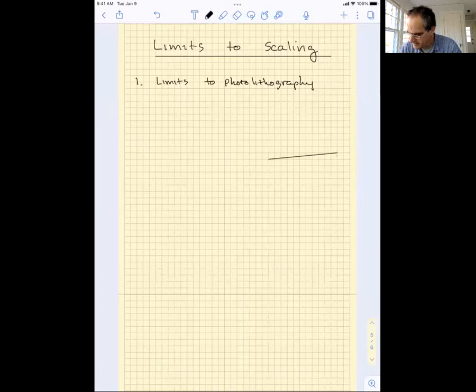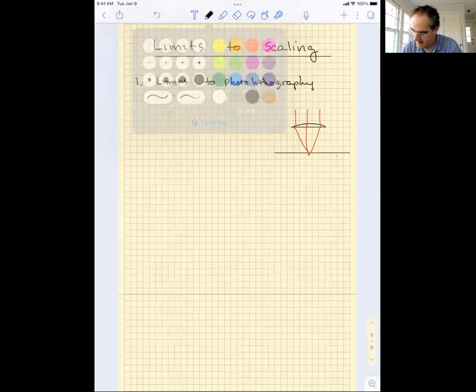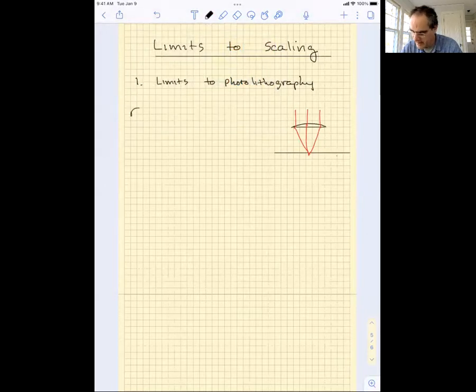If we use a microscope to focus light, then what we find is that, of course, the size of the focal spot can't be infinitesimally small. In fact, the radius of the focal spot, the resolution of the lens, if you like, is often written as lambda over 2n sine theta.